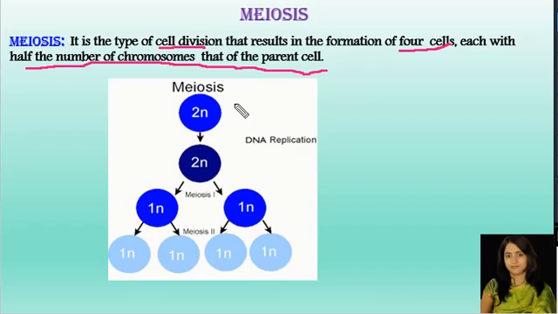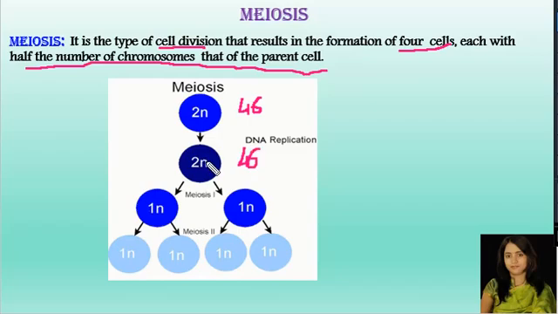For example, let us consider human beings. In human beings, the diploid cells consist of 46 chromosomes. Okay, so this undergoes mitosis here because DNA replication is required. Now after repeated mitotic division, a number of diploid cells are formed. Now this also consists of 46 chromosomes.